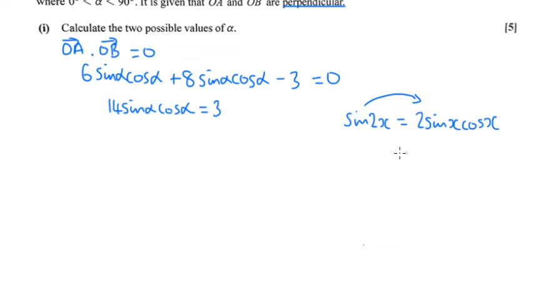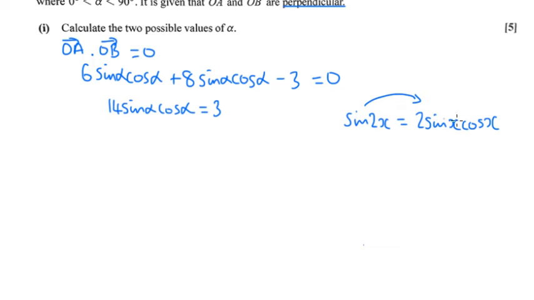In C4 we're likely to have to be able to go backwards as well. So it's important that you know this relationship back to front, so that if you see a sine x cos x, you can turn it into a sine 2x expression.